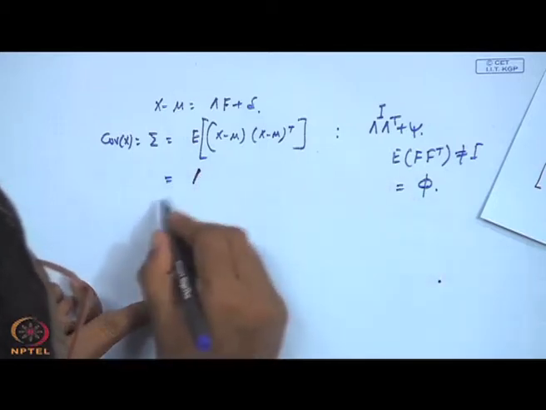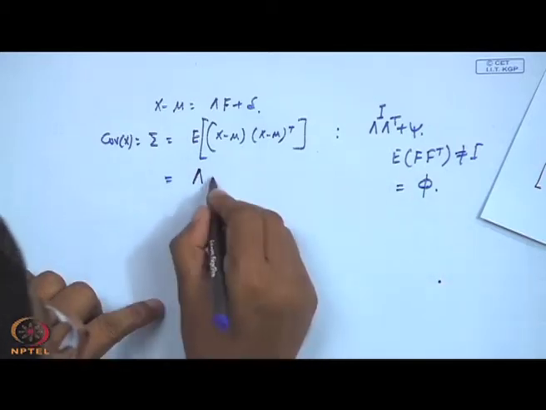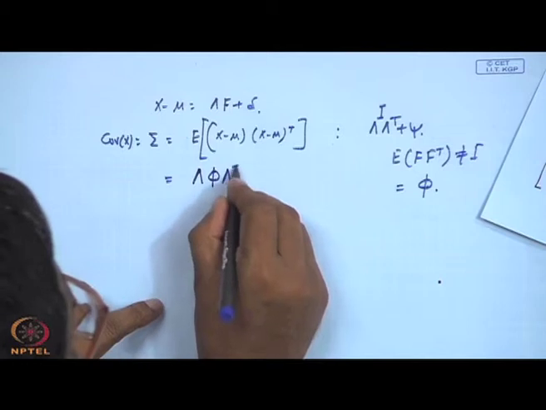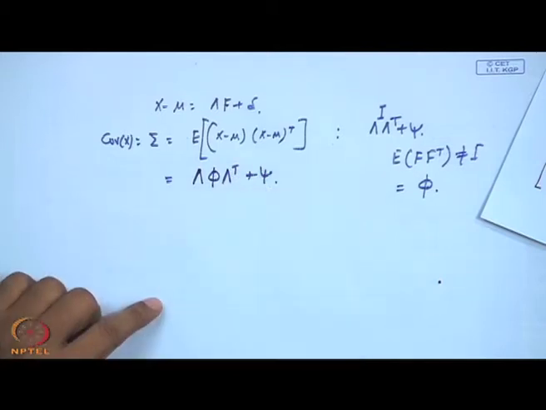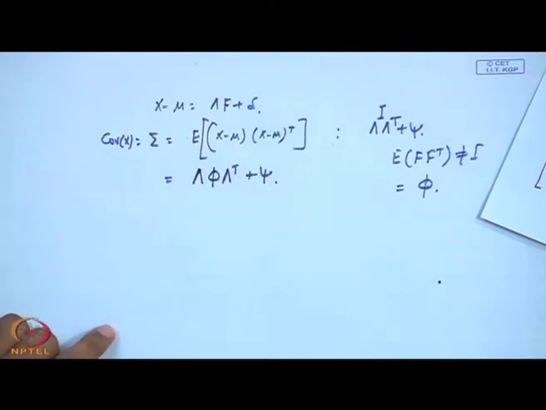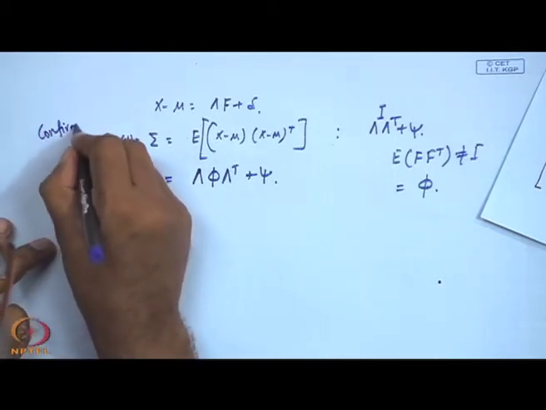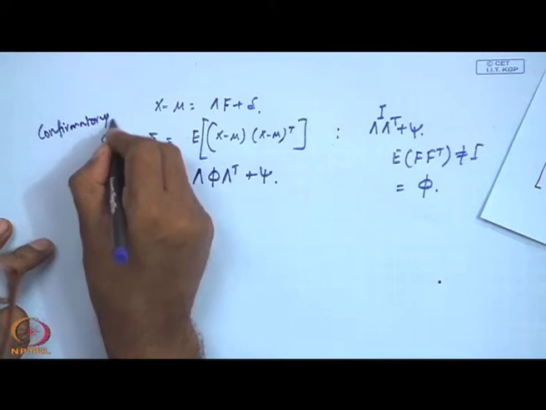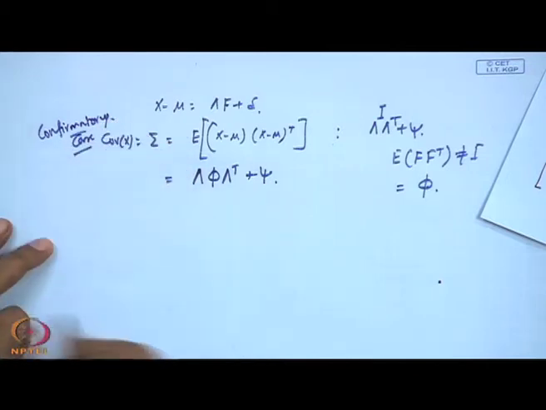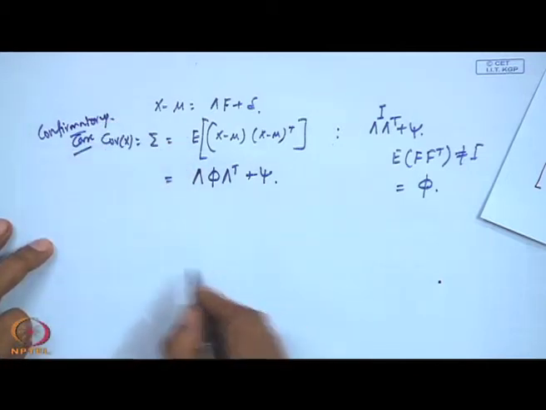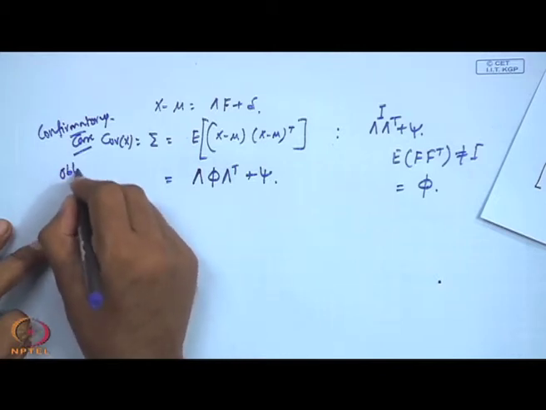The covariance structure will be lambda phi lambda transpose plus psi. So, in the confirmatory case, why is it so? Because we are going for oblique factors.